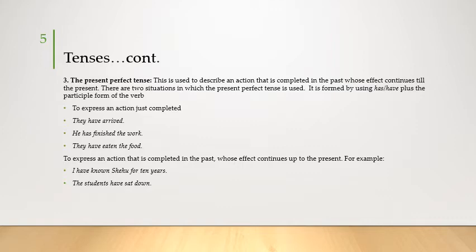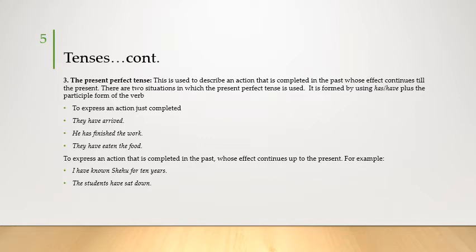This is used to describe an action that is completed in the past, whose effect continues to the present. There are two situations in which the present perfect tense is used. It is formed by using has or have plus the participle form of the verb. Let us see these examples. Now, present perfect tense could be used to express an action that has just been completed.